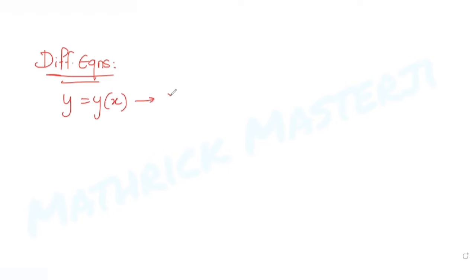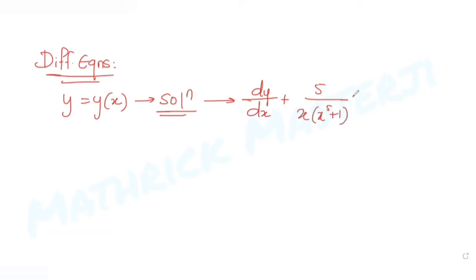Let's see today's question. Today's question we are taking up from the topic of differential equations. The question tells us: let y equals y of x be the solution of the differential equation dy by dx plus 5 over (x to the power 5 plus 1) times y equals (x to the power 5 plus 1) whole squared divided by x to the power 7, where x is greater than 0.